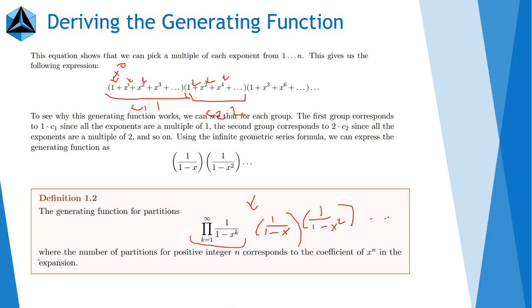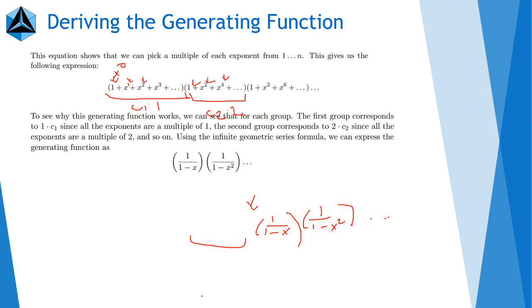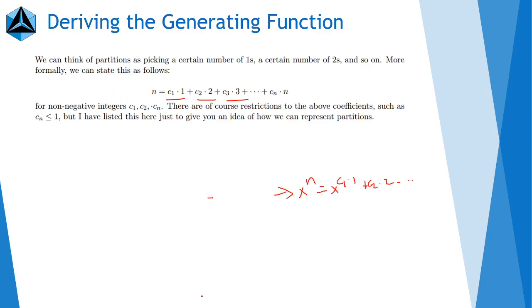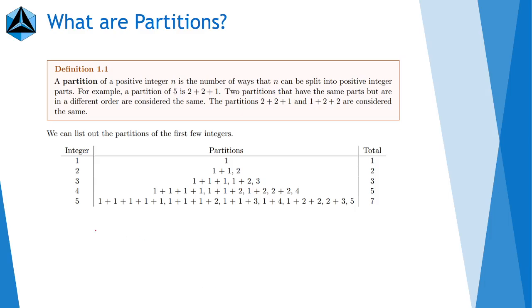So yeah, this is the generating function for partitions, where the number of partitions for the positive integer n corresponds to the coefficient of x to the n in the expansion. That's how we interpret generating functions. And so if you were to expand out the first few terms, you'd get 1, let me erase that mistake.